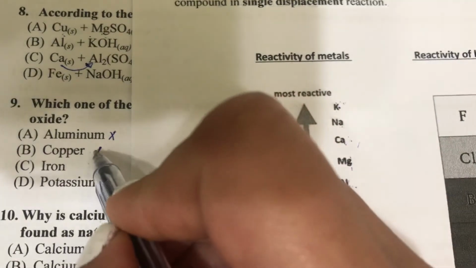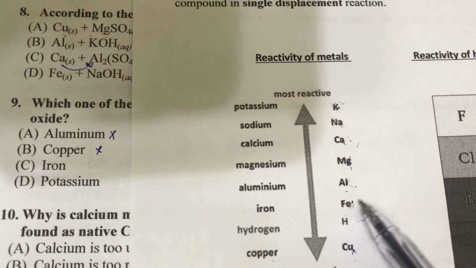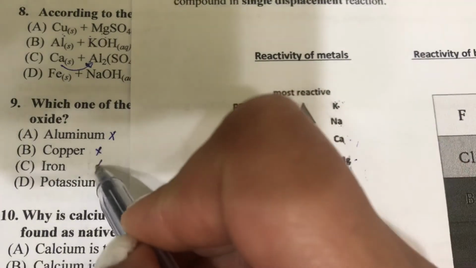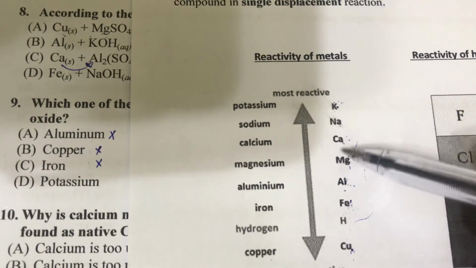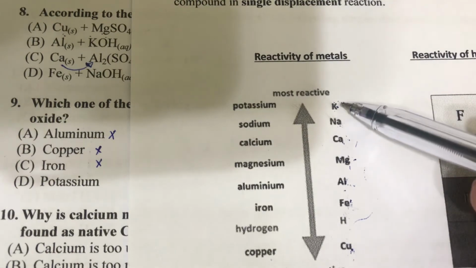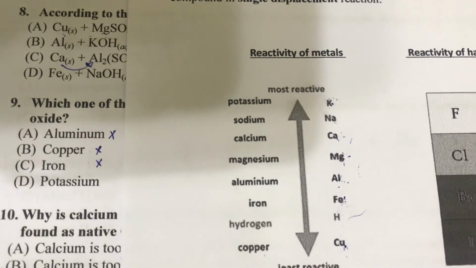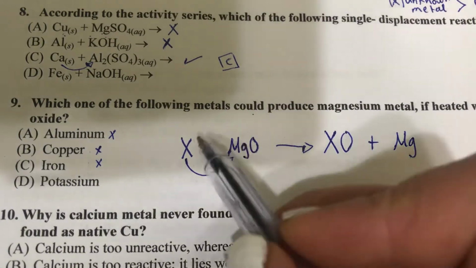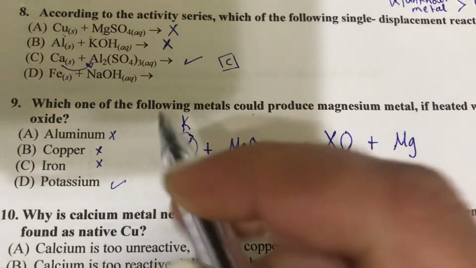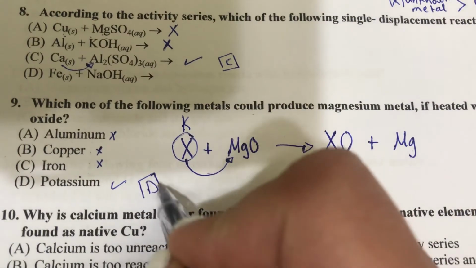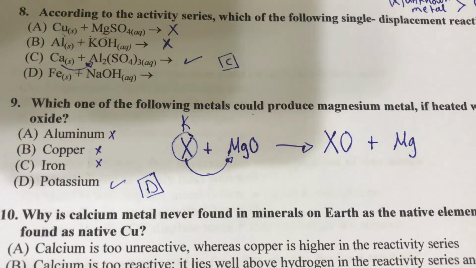No, less reactive than magnesium. Iron? No, less reactive than magnesium. What about potassium? Can it replace magnesium? Yes, because potassium is more reactive than magnesium. So the unknown metal is potassium. So the correct answer is D.